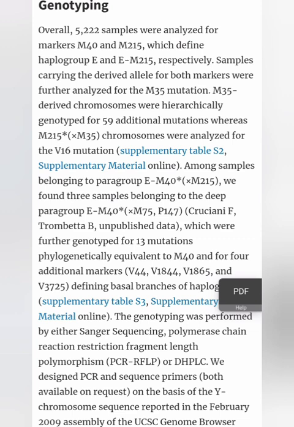So in the genotyping of the study, we see that there was overall 5,222 samples, and they had markers M40, M20.